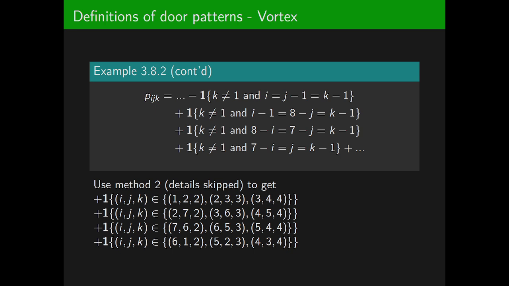So the second one, use the same method to get something like these. Again, it's the same story as the previous subtraction of indicators. Once you fix one of i, j or k, you can find the values of the other two variables.